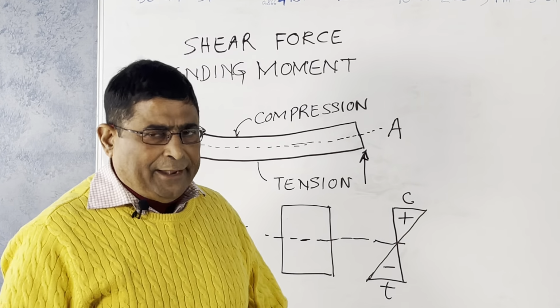Now let us talk about the diagram itself. How can you find the bending moment and shear force diagram in a beam? First of all, let us consider one simple beam again.